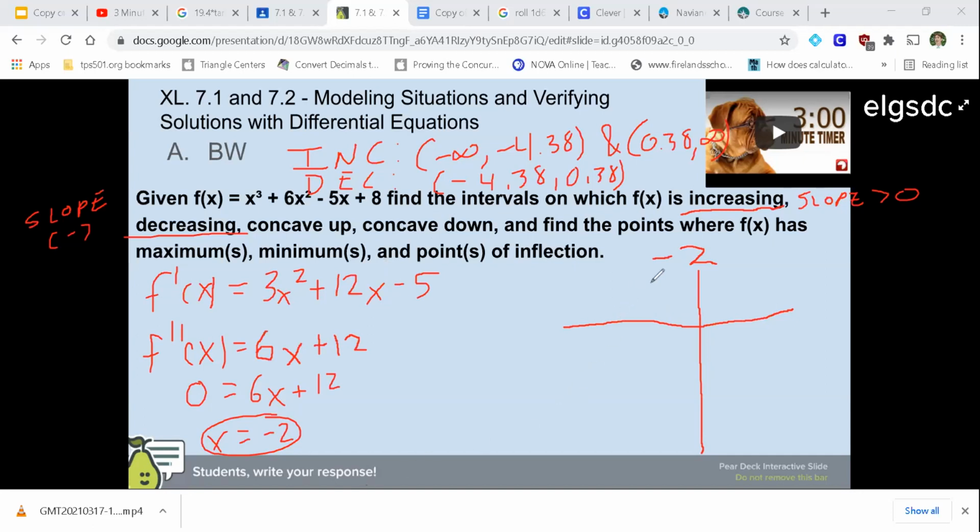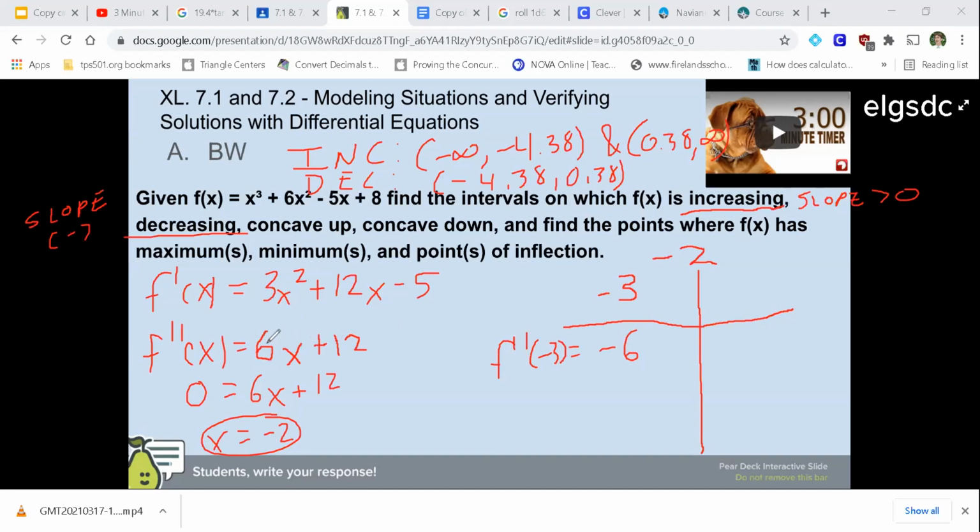All right. What's a number to test lower than -2? -3. And again, let's plug that into our second derivative. So f double prime of -3, what would that be? -18 plus 12 is -6.